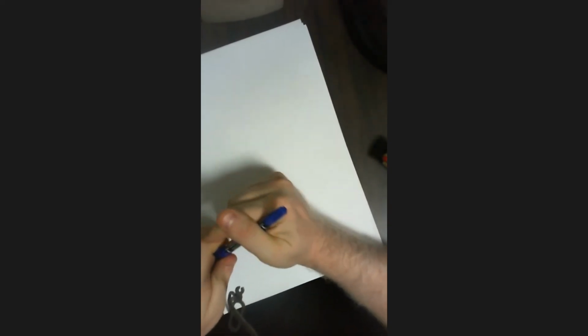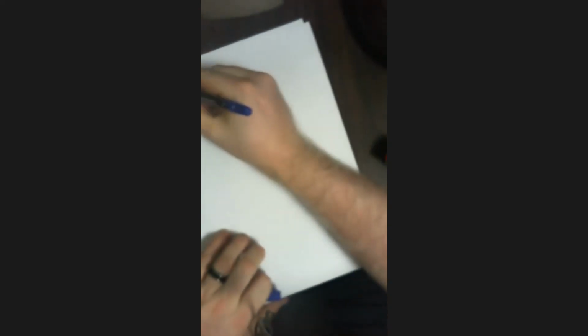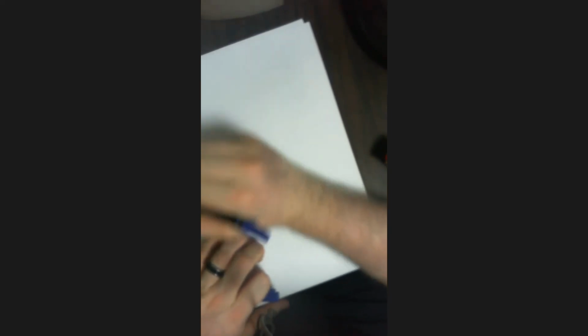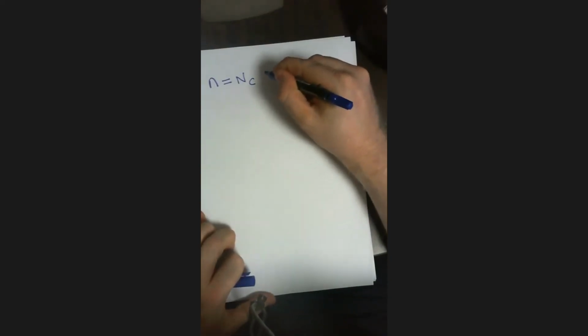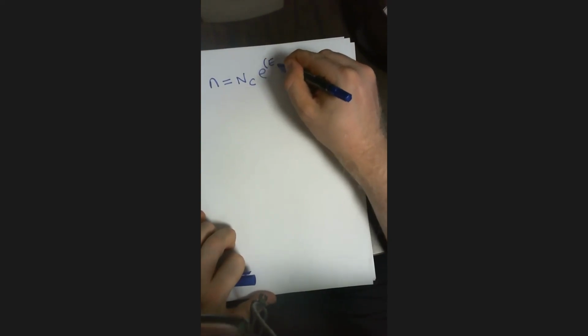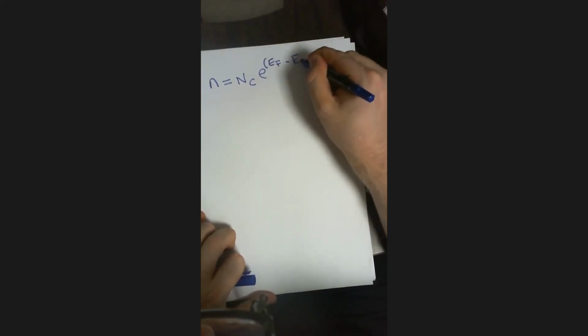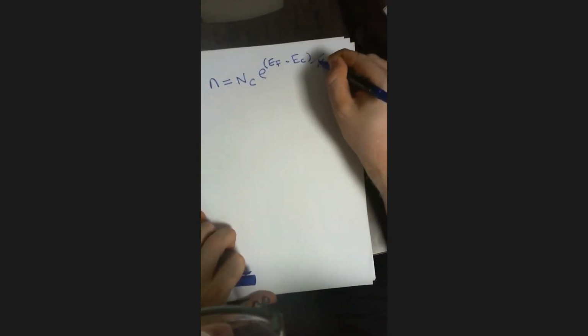Okay. So, as I said, we have two formulas. The first formula is for calculating N, or the number of electrons, and this is equal to some constant called NC multiplied by e power EF minus EC over KT.